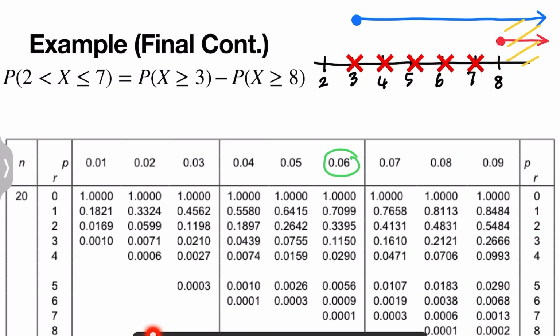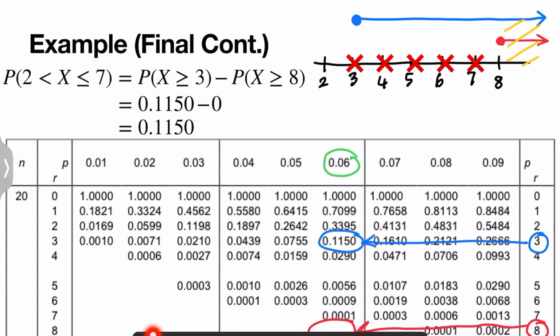So bila kita tolakkan, kita dapat yang kita nak. x greater than or equals to 3 macam dah cari dah tadi, 0.1150. Tolak dengan greater than or equals to 8, kosong lah tadi dah cari dah. We're going to get the same value, 0.1150.